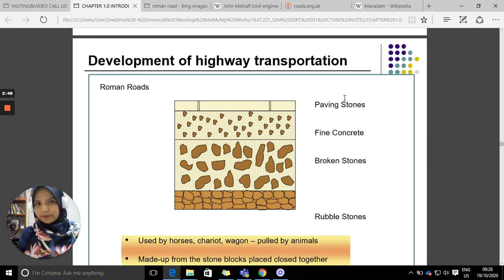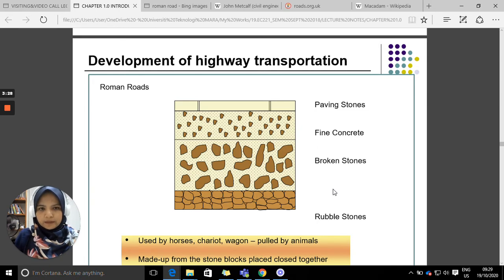First of all, we have the paving stones, the arranged stones. Then we have the fine concrete on the lower layer. Then we use the broken stones. So we just pick up any stones from other sites, import them, bring them to the site and layer them on the surface without putting any cementitious mineral to bind them or make them interlock more with one another.